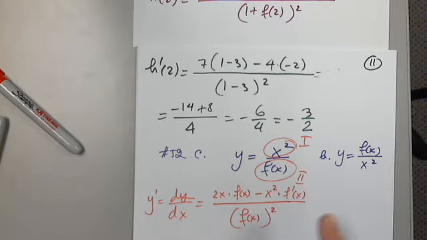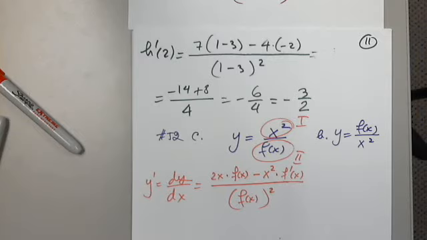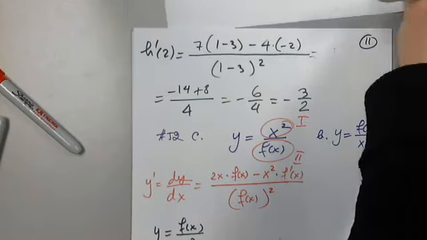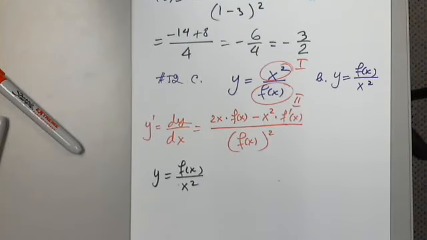Now, I would like to look at part B. In part B, we have y equals f of x over x squared. And I'm going to ask myself, do I want to use the quotient rule or the product rule? But you can say, but this is not a product. Not yet.